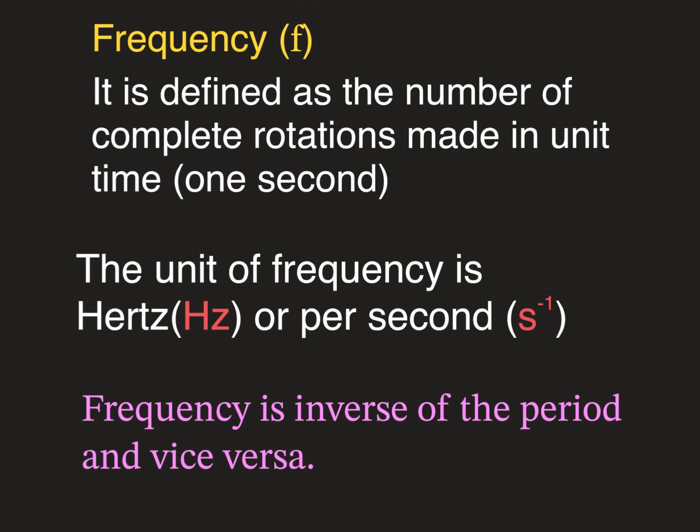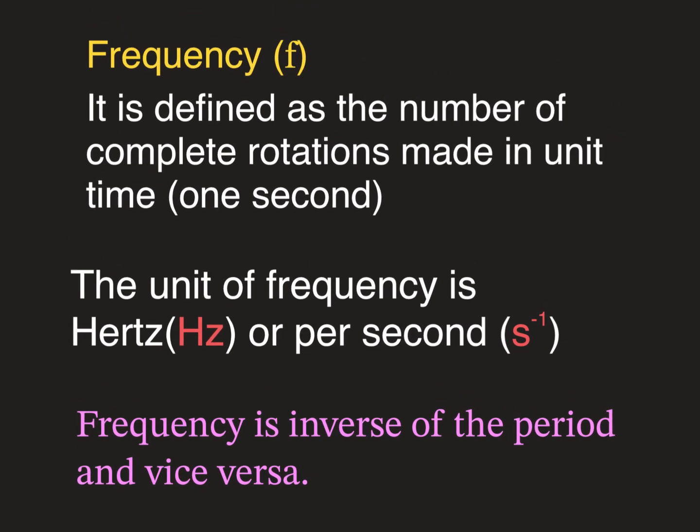And finally, we are at frequency. What is frequency? It is defined as the number of complete rotation made in a unit time. Usually, we just want to know the number of complete rotation in 1 second. So when you talk about the number of complete rotations or the number of complete revolutions made in just 1 second, that is called the frequency.